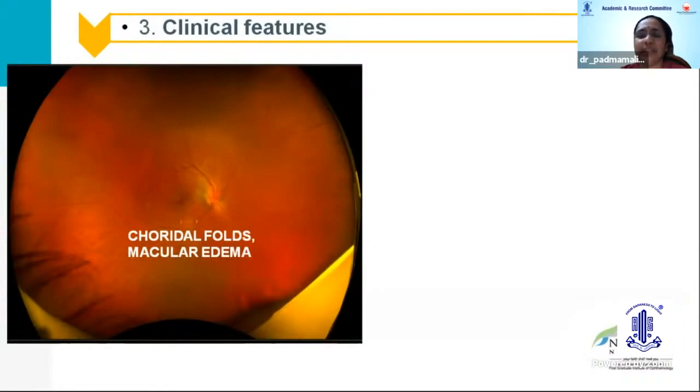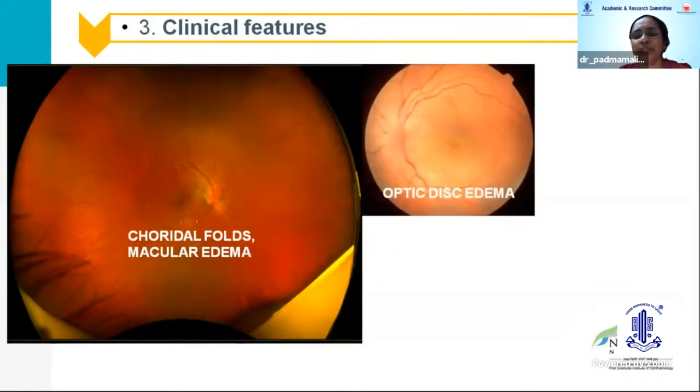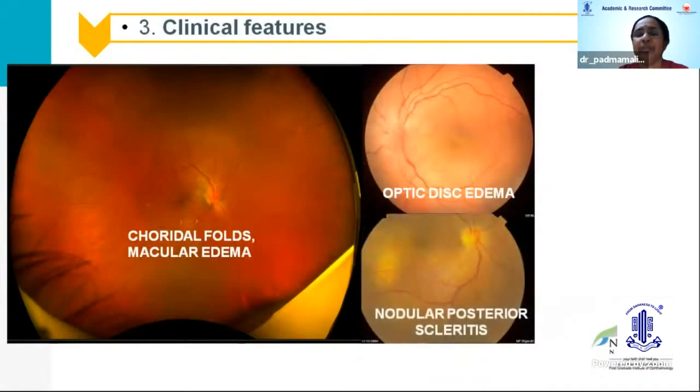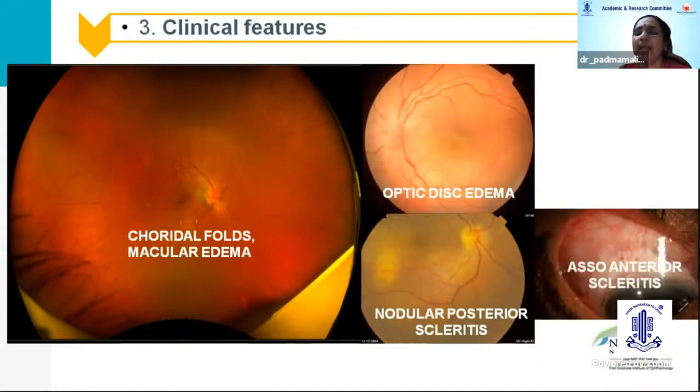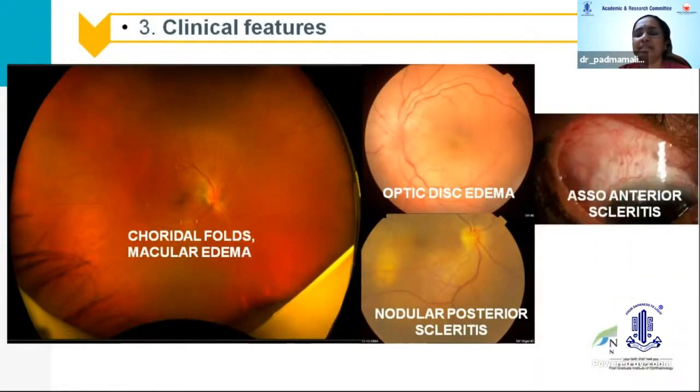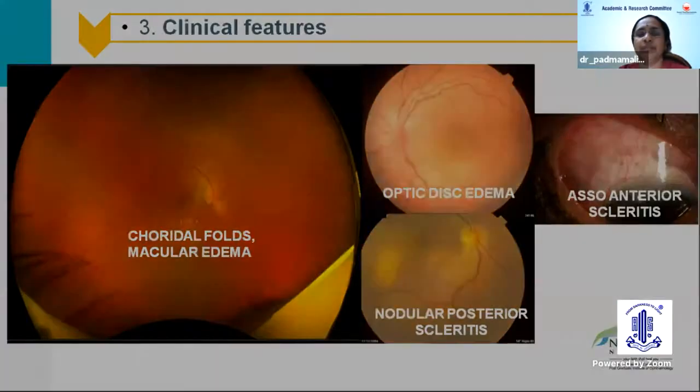Patients complaining of pain in the eye can have ocular findings such as choroidal folds, macular edema, optic disc edema, or nodular lesion. In the case of nodular posterior scleritis, there can be an associated anterior scleritis component as well.